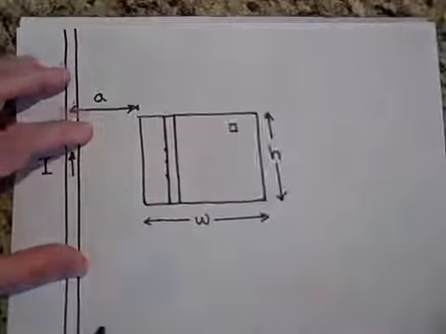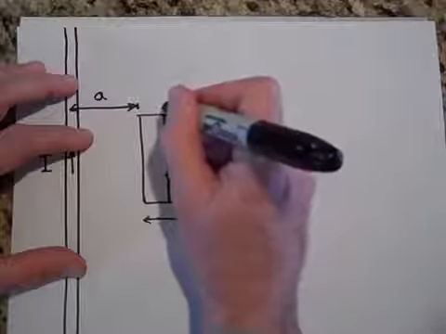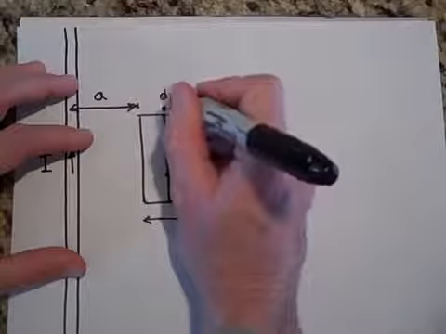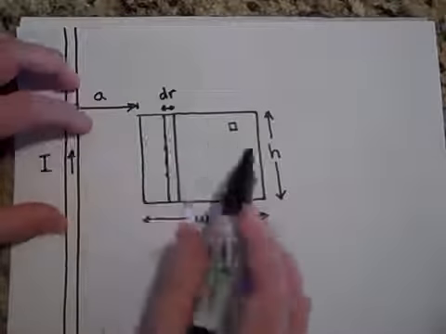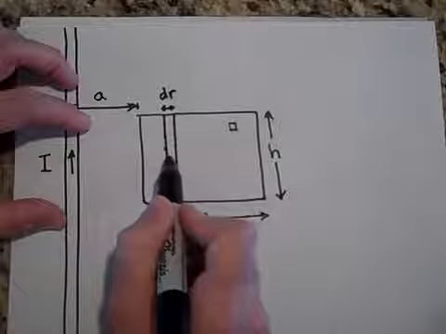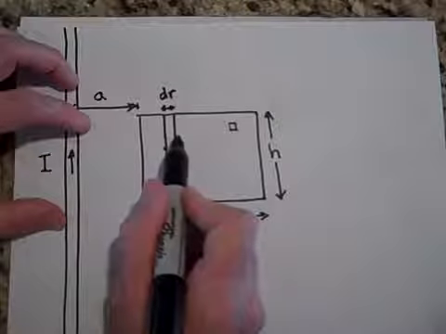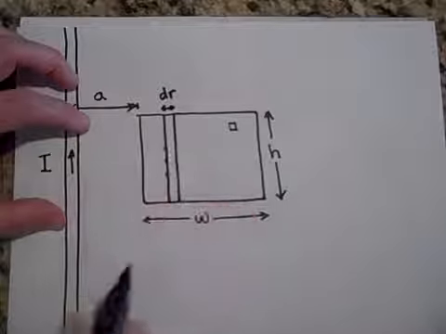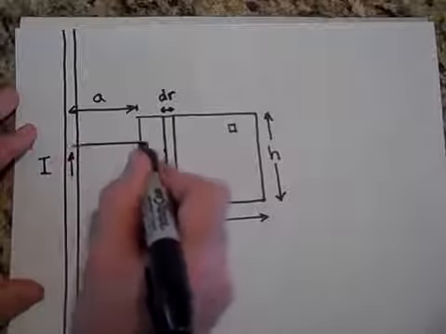I had to draw it thick so you could see it, but if I call that thickness dr, and it's infinitesimally thin, then I can make the argument that the B here is the same as here, as here, as there. And we'll say that this is a distance r away from the wire.